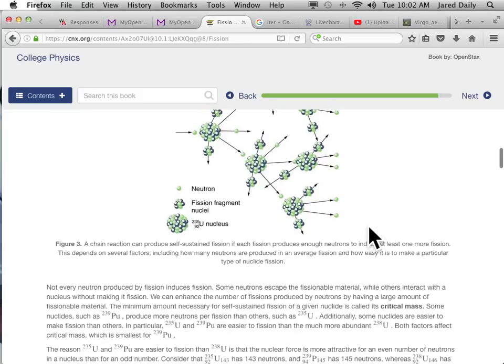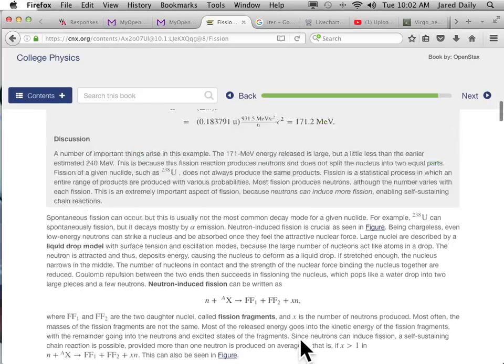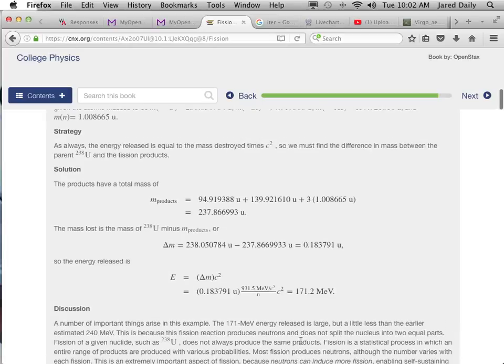So uranium-235 will support a chain reaction because of the neutron in, 3 neutrons out thing, right? Uranium-238 will not go through that. If you shoot a neutron at uranium-238, it doesn't go through fission. Instead, a high energy neutron makes it become neptunium.